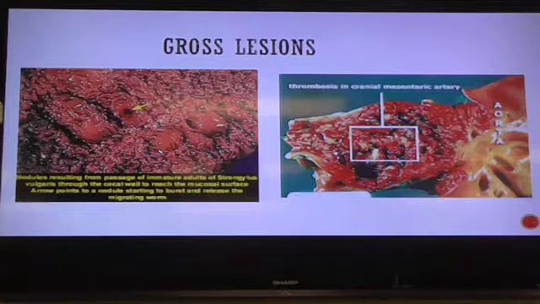Sometimes they'll form nodules while they're passing, and the immature adults will emerge from the nodules and cause damage to the intestines. Over here you can see the thrombosis in the cranial mesenteric artery. You can see this ballooning effect as well, but that's due to the accumulation of fibrin and degradation of the vessel.